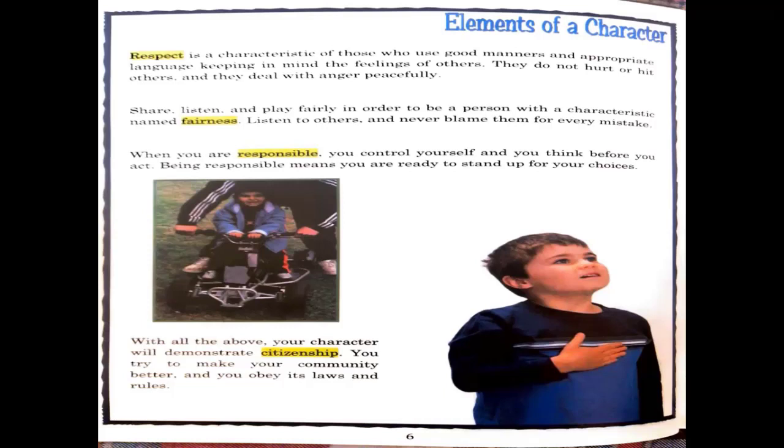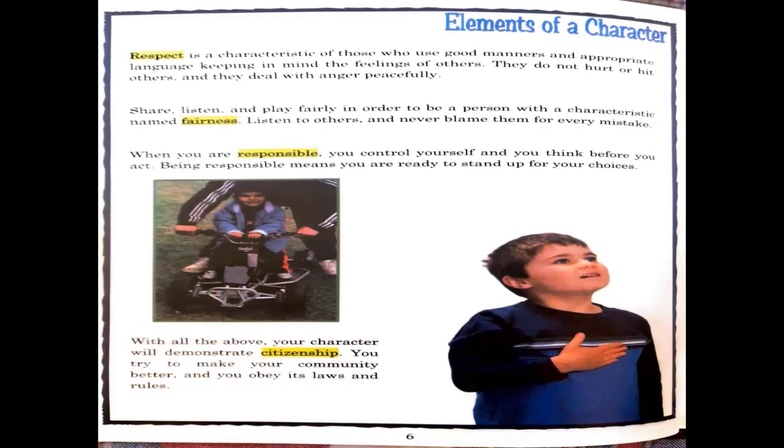The next element is fairness. When people share, listen, and play fairly, they have the characteristic called fairness. Listening to others and never blaming them for every mistake is fairness.